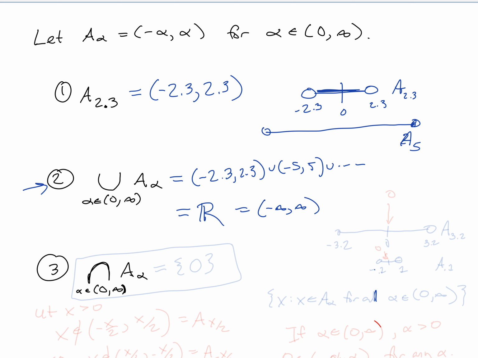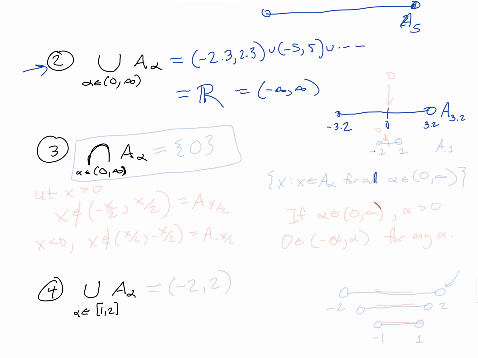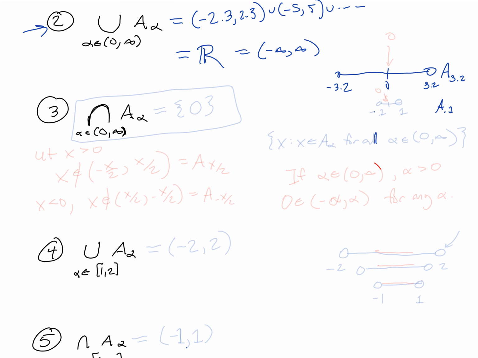Now let's look at the intersection of these A alpha for alpha in the open interval from 0 to infinity. Just to represent some sets like this, we're talking about, let's say, A sub 3.2, open interval negative 3.2 to positive 3.2. And we could have A sub some very small number, A sub 0.1, would go from negative 0.1 to positive 0.1, and so on. If we're intersecting all of these sets together, we're asking what is in common between all of these sets.